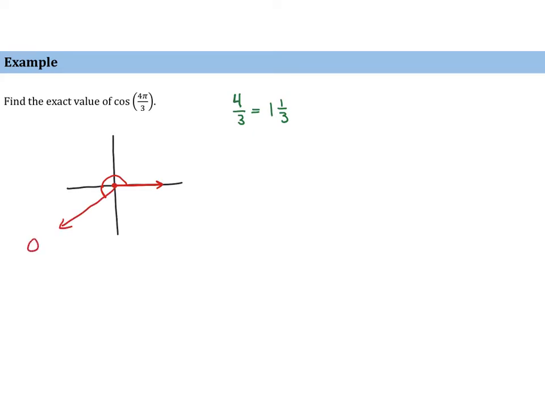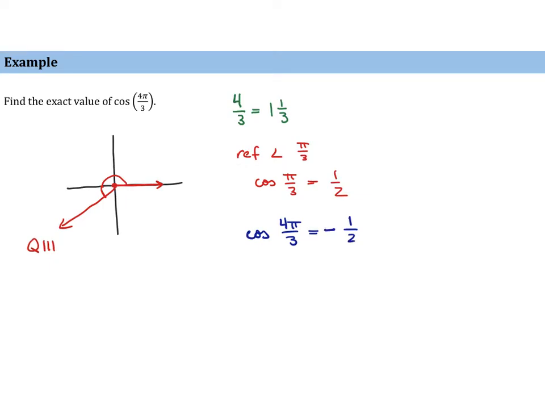So we are in quadrant 3. The reference angle is pi over 3, and we know that the cosine of pi over 3 is 1/2. So therefore, as we look at the cosine of 4 pi over 3, this will be 1/2, and we're in the third quadrant where cosine is negative.